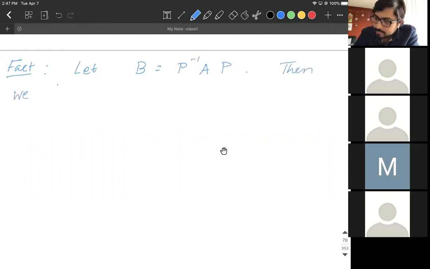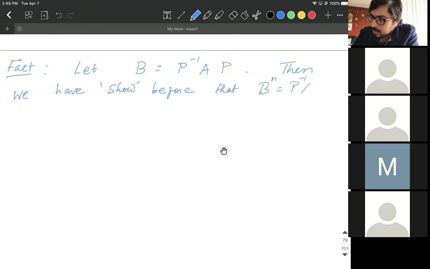Then we have shown up to a point that B to the n is equal to P inverse A to the n P, right? So it's only the power of A that matters.